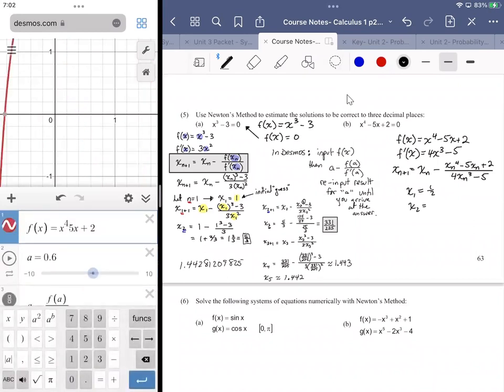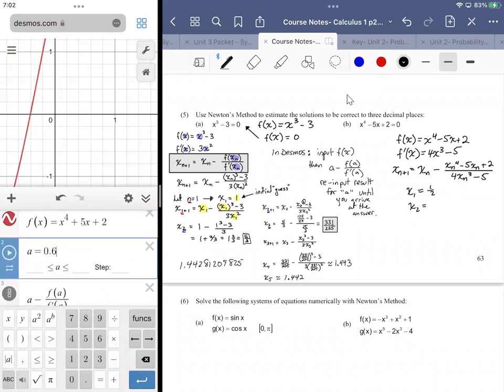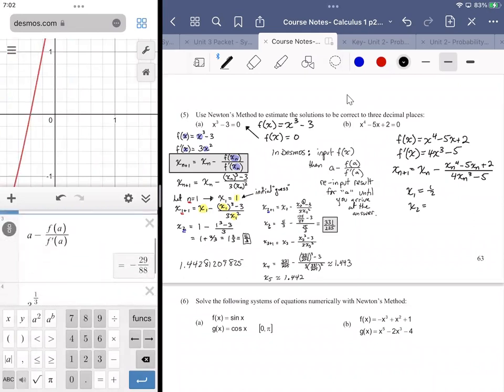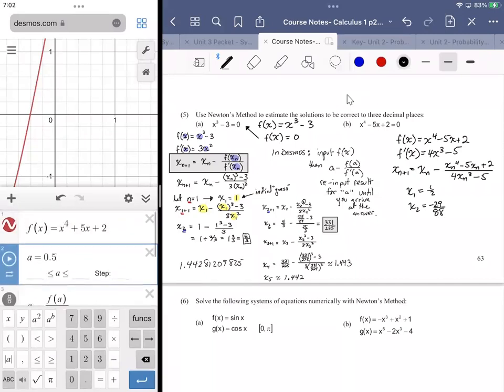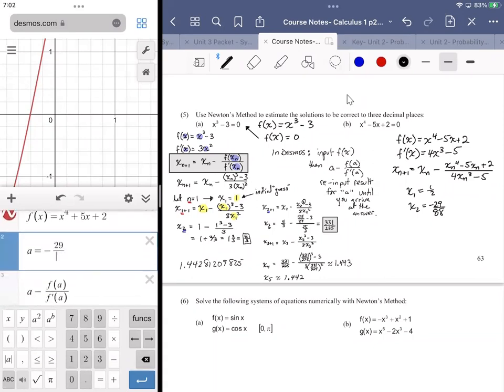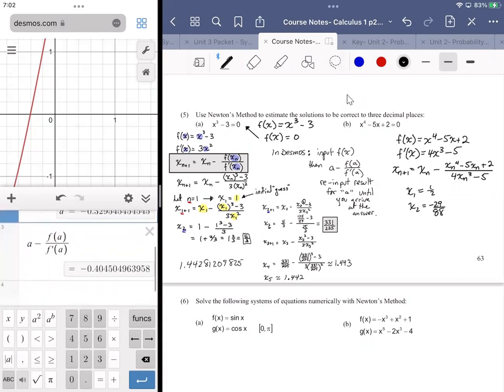Oh, wrong thing. Yeah, it gives me a result of negative 29 over 88. So negative 29 over 88 gives me a negative 0.4045.